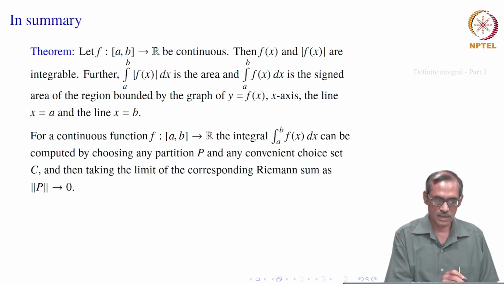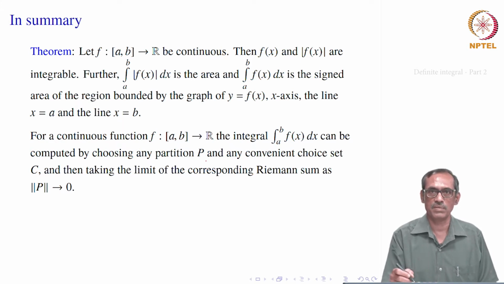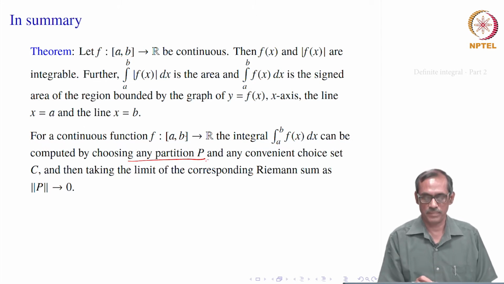Now, we will be looking at some problems based on this, but just a bit. You can always compute this area by choosing any partition P. How are you going to compute this area? First, we choose any partition P, and then once you know that it is continuous, it is integrable, you choose any c_i between x_{i-1} and x_i; in the limit that should be the same.